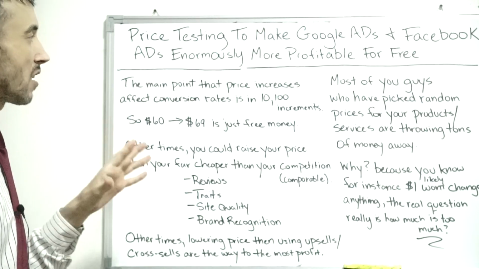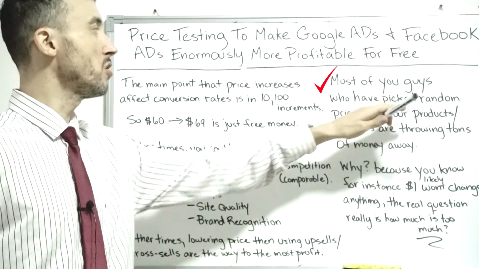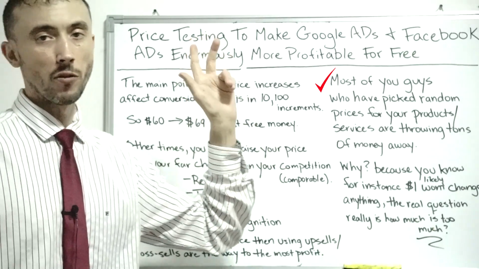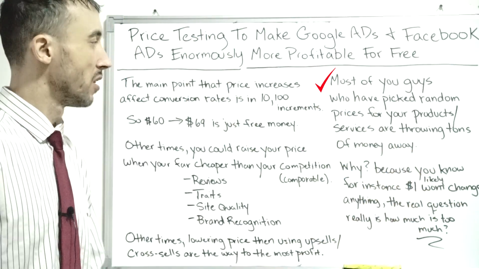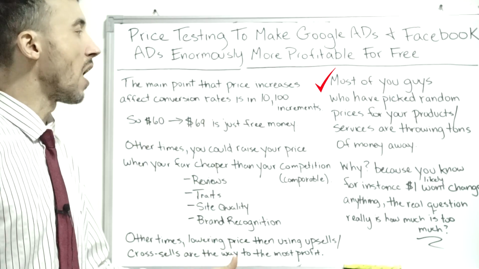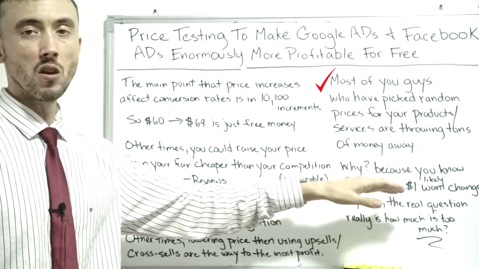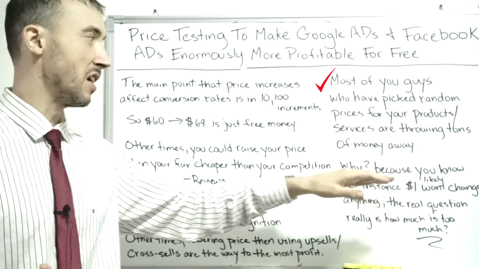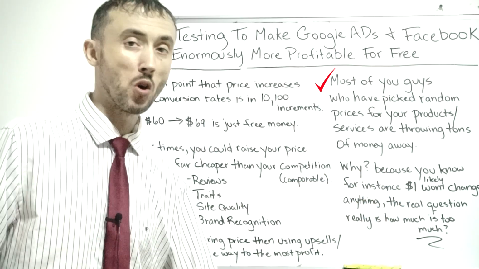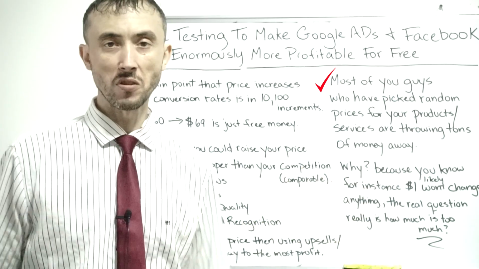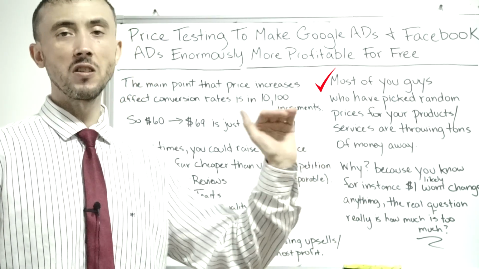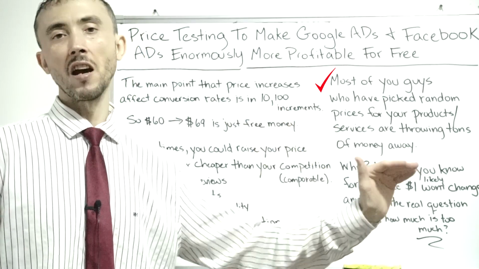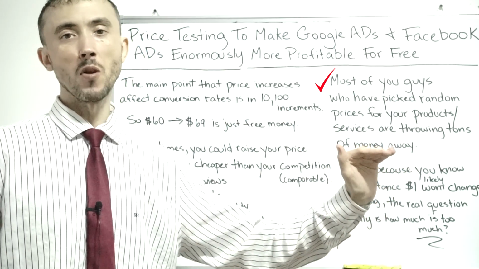So that said, getting into the content, most of you guys who have picked random prices for your products or service, again, are throwing tons of money away. Free profit. Why? Because not only does it not make sense that you've got the prices set for the most money, but what most people will do is they'll say, I need a 40% profit margin. So every single product that they're selling or every single service they're selling, they mark it up enough to where you have a 40% margin.